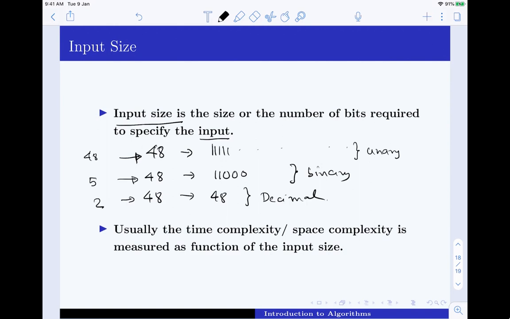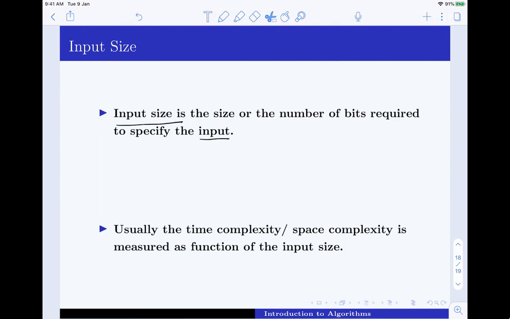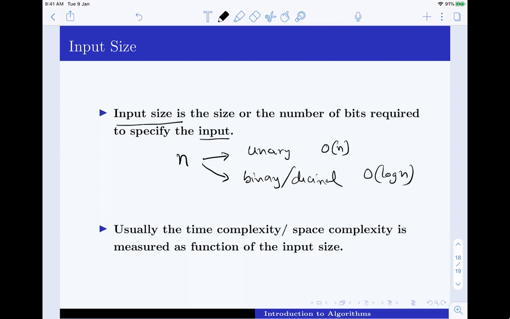In fact, if we had a number n, in unary the input size would have been of order n, and in binary or decimal or any other base it would have been of order log n.